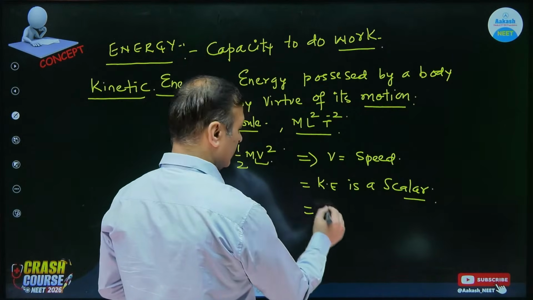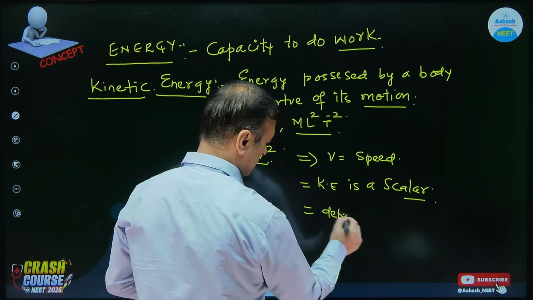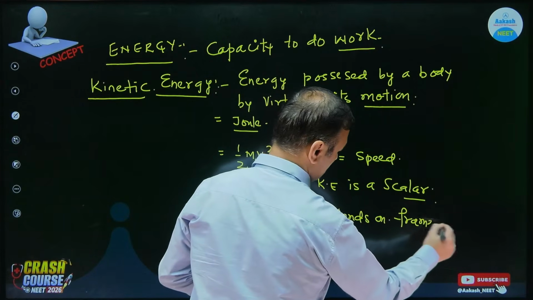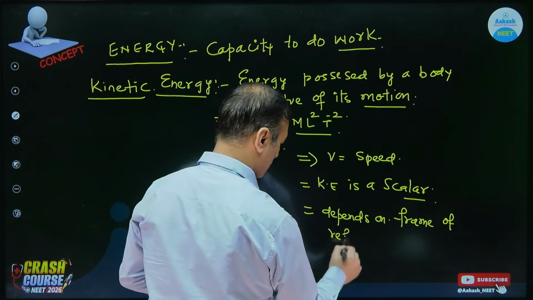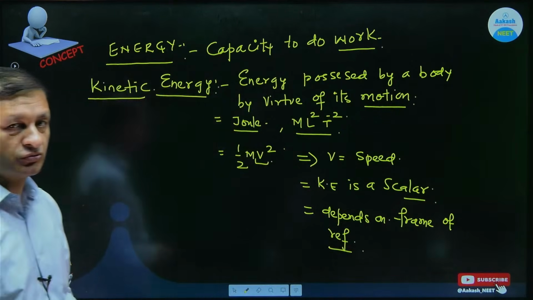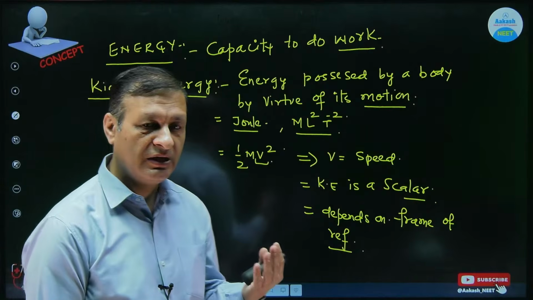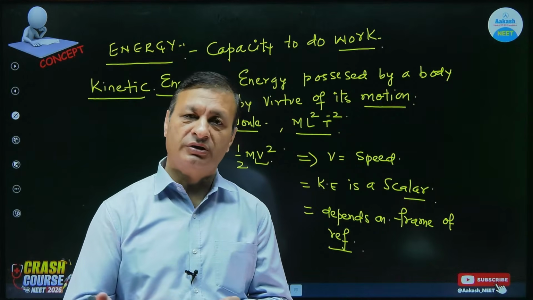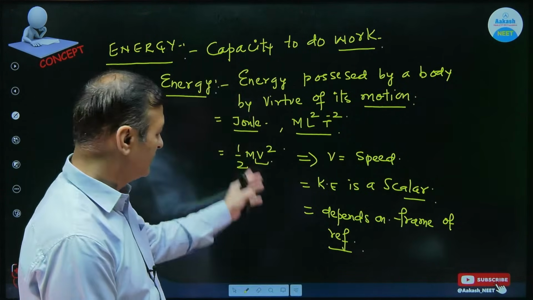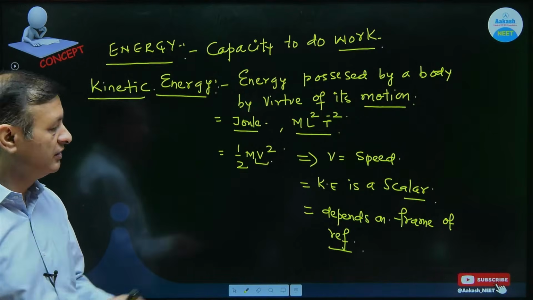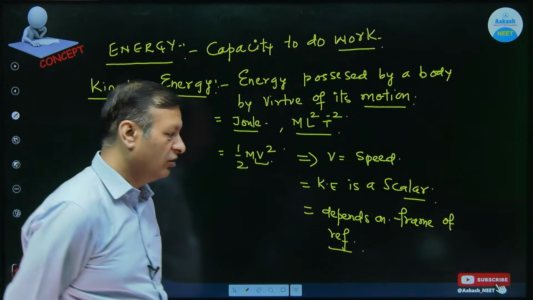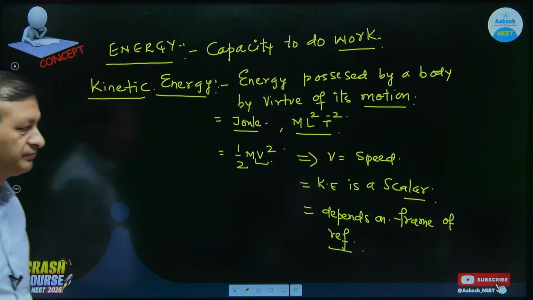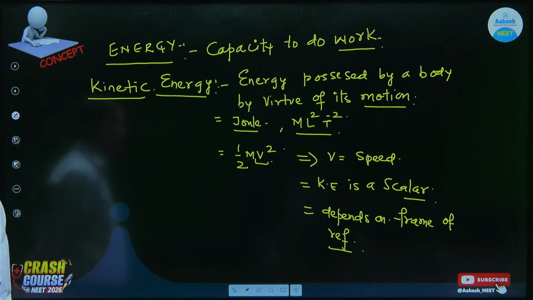So this kinetic energy depends on frame of reference also, because a body may be defined at rest in one coordinate system or maybe in motion with respect to another coordinate system. So that defines ultimately the speed, and hence finally the kinetic energy will also depend on the frame of reference we have. Got it or not?